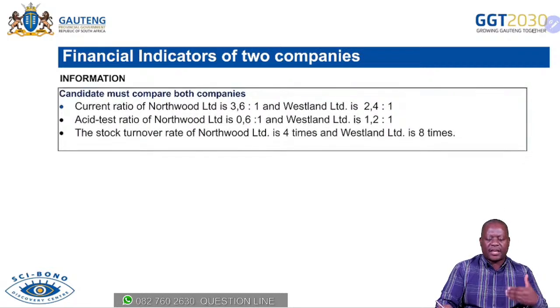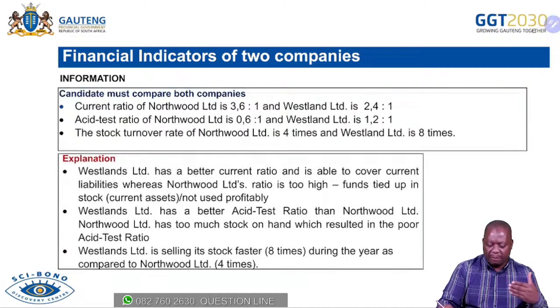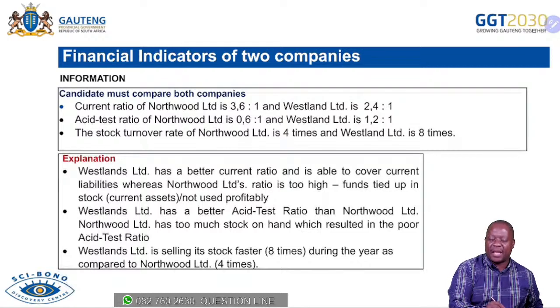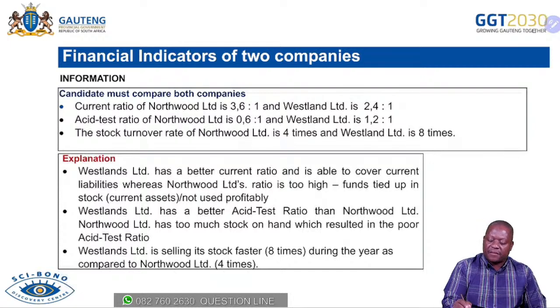Now, what explanation can we be giving in these instances? Westland Limited has a better current ratio and is able to cover its liabilities, whereas Northwood Limited's ratio is too high. It means funds are tied up in stock, which is part of the current assets.